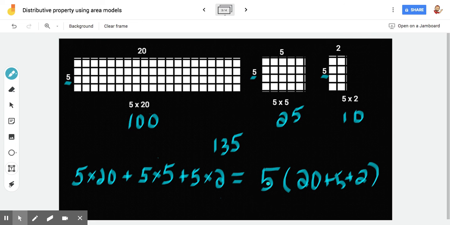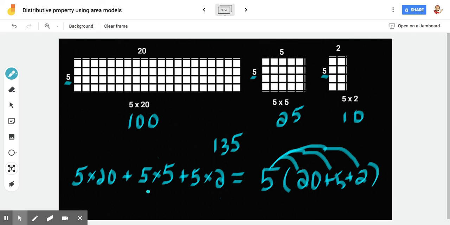Will end up giving me the same, it will end up being another way to break it up. Now, notice, 5 times 20 plus 5 times 5 plus 5 times 2. I have that thing right now. Okay? That's the distributive property.